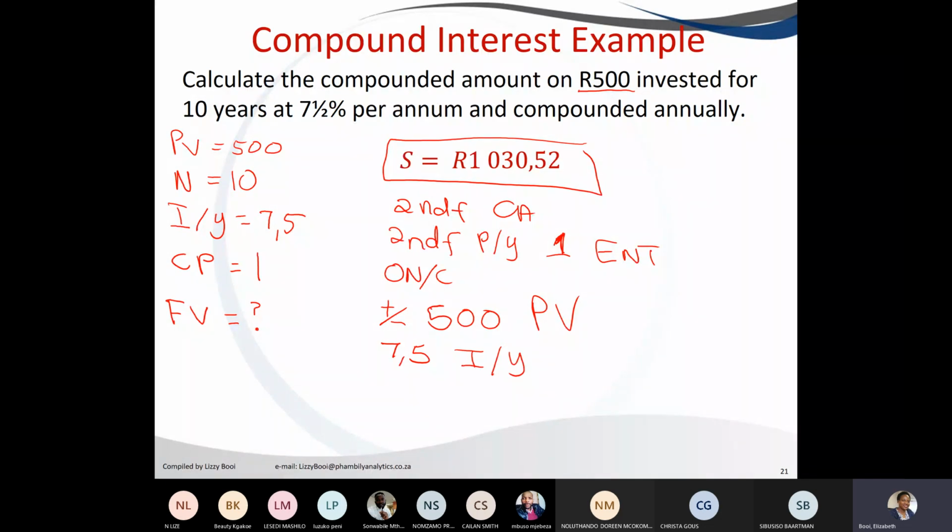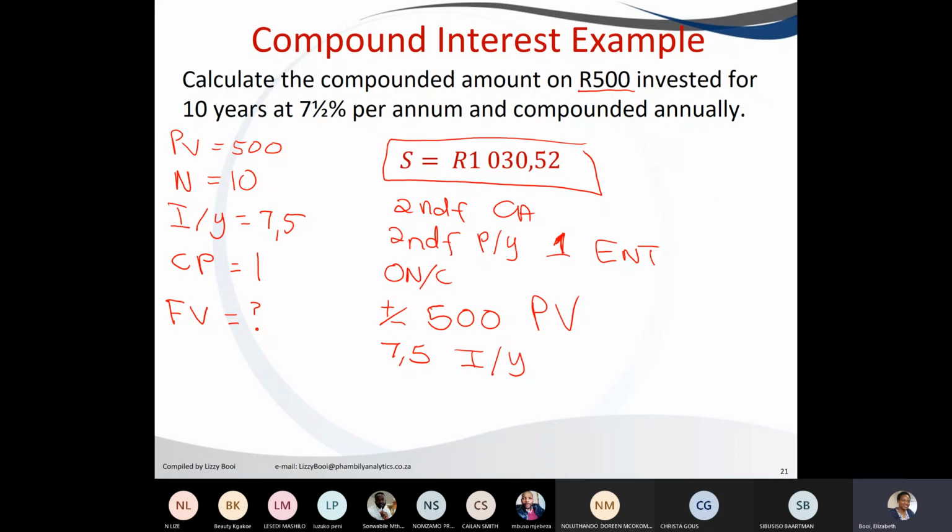Once done, we can then put in the period. Here is another step that I need to emphasize. If you are given the period in years and it is compounded quarterly, you always need to multiply by the compounding period. You always need to remember that. But if it is compounded monthly and your periods are in months, you do not have to multiply by the compounding periods.